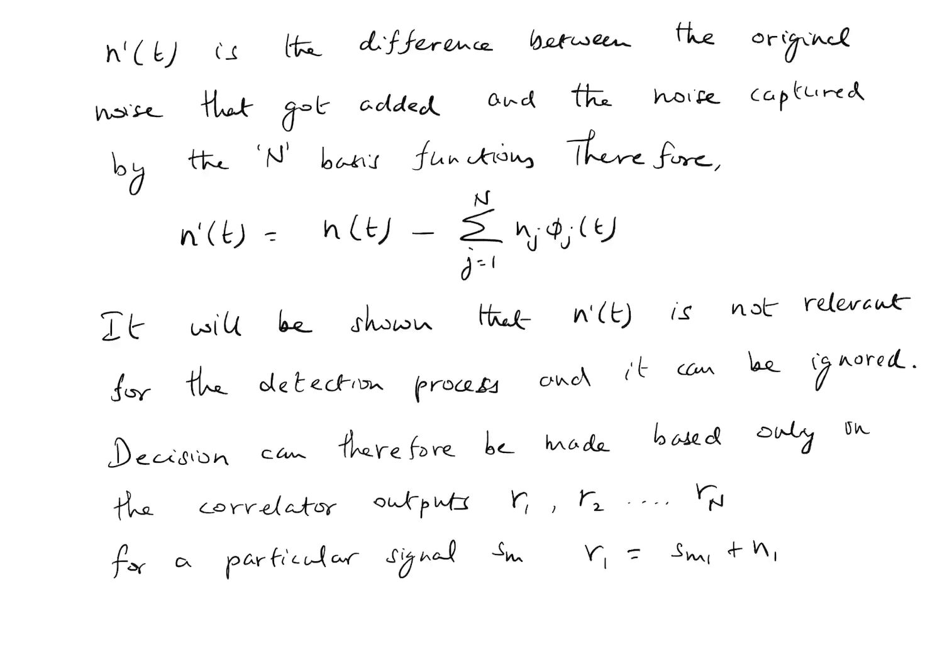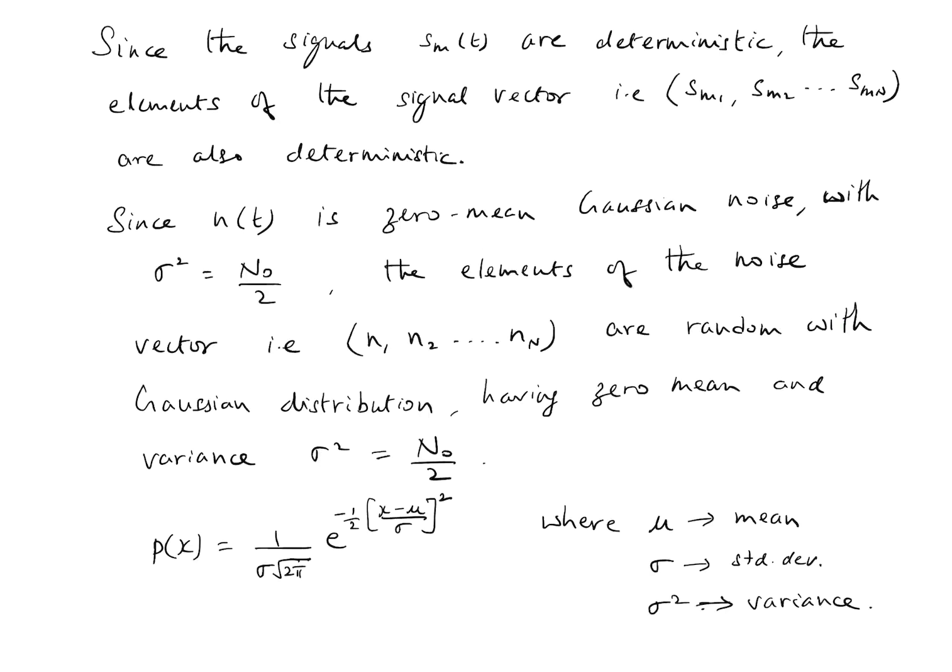We know exactly what they are, and there is nothing random about them. The randomness comes from the noise part, because the noise that got added to the transmitted signal on the channel is a random signal which has a mean value of 0, and it has a Gaussian distribution and a variance given by N0 by 2, as we have seen earlier.